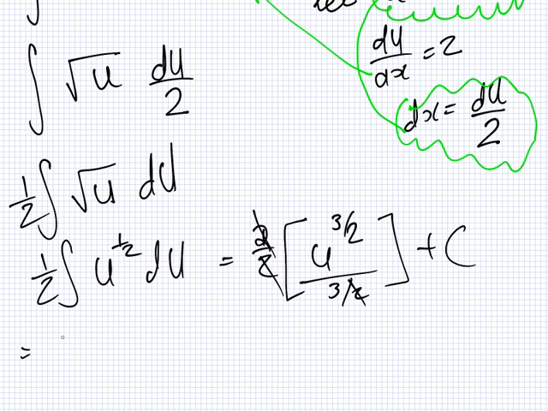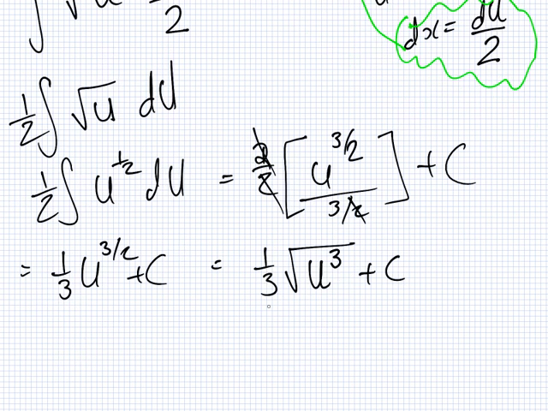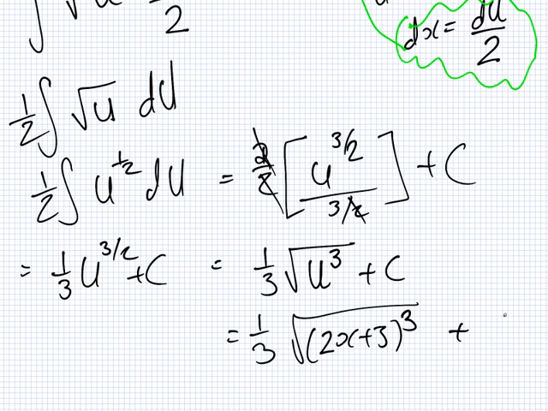So you have 1/3 u^(3/2) plus c, which equals 1/3 the square root of u cubed plus c, which is finally 1/3 the square root of, what was the u? 2x plus 3, cubed, plus c.